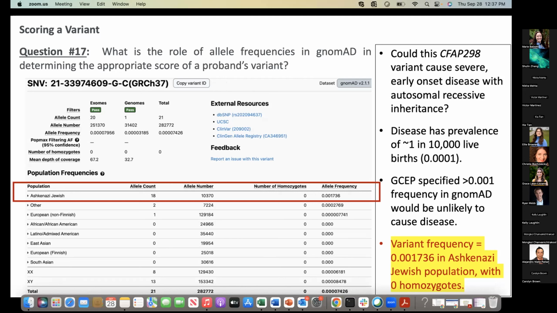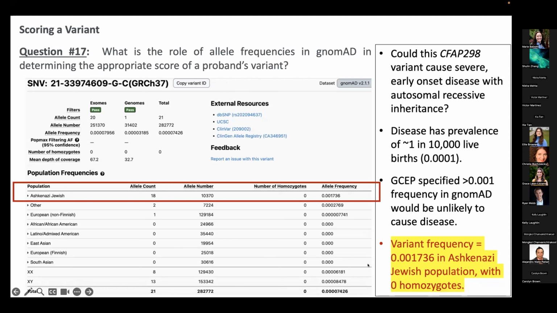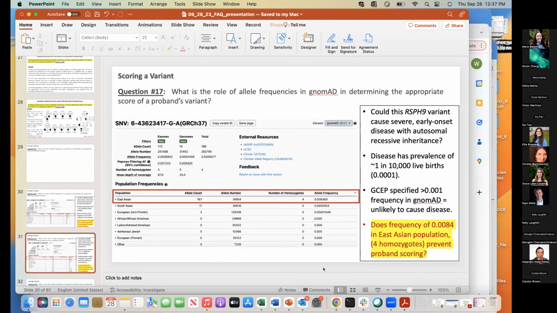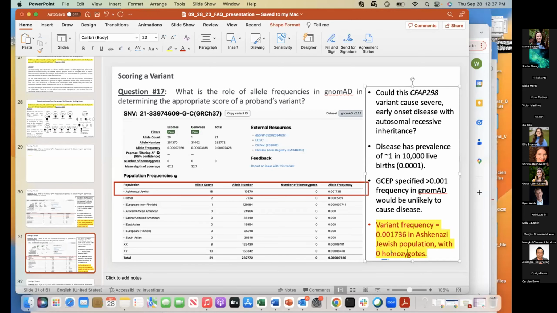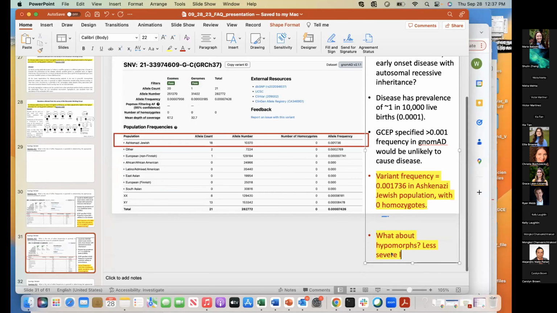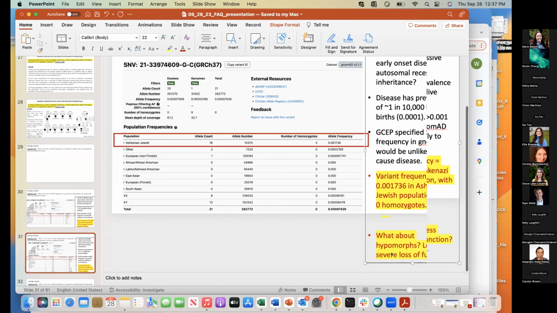A hypomorph really means a partial loss of function, right? There's leaky activity that's still there. So you might not get as severe phenotypes if you have that in homozygosity, or none at all. But as this person mentioned, if you have a loss of function, you may have a phenotype at that point. However, we're still talking about frequency here.